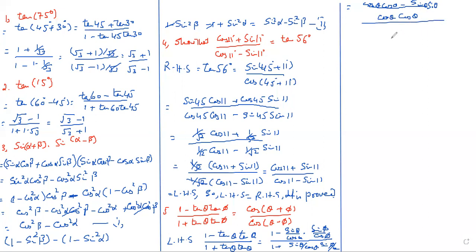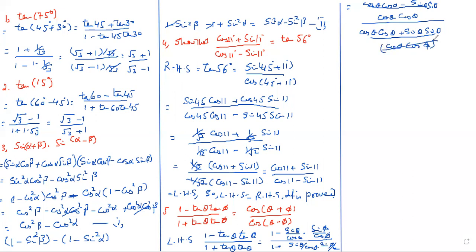Divided by, again the LCM, cosine theta cosine phi plus this time sine theta sine phi, divided by cosine theta cosine phi.